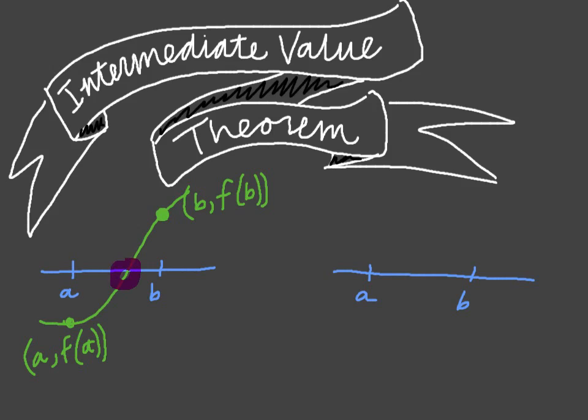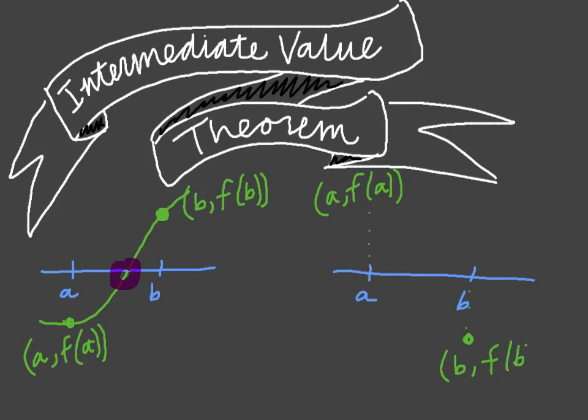So I know that somewhere in between these two, it is crossing the x-axis. Okay, and the same could be true if I had, here's the x value of A, so here would be the ordered pair A, f of A, and if f of B is of opposite sign, then that would be below the x-axis.